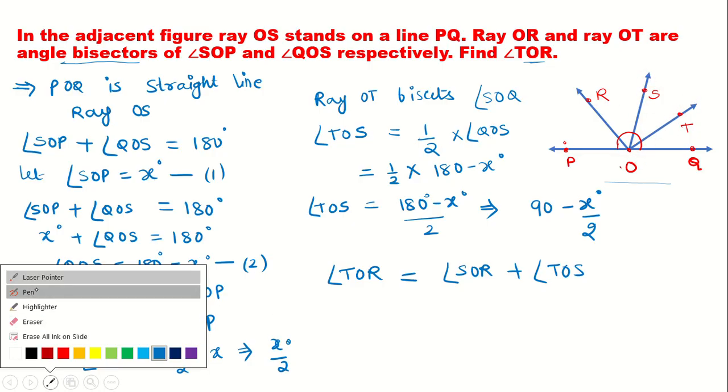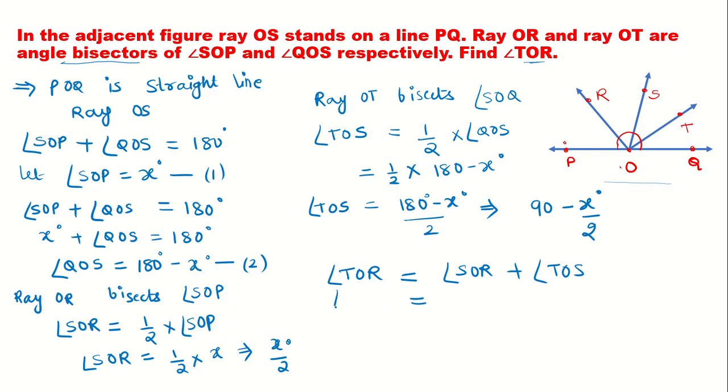So angle TOR equals, what is SOR? It is x by 2, plus what is angle TOS? It is 90 minus x by 2. Plus x by 2 and minus x by 2 will get cancelled, so you'll get 90 degrees. So angle TOR equals 90 degrees.